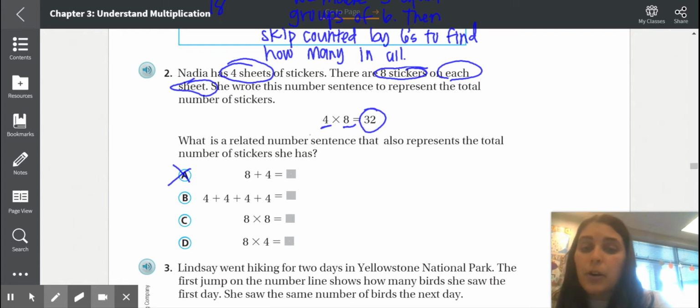We'd have to add 4 8 times, and we're not. It's only adding to itself 4 times. So that wouldn't work. 8 times 8, that wouldn't work. 8 times 4. That would work because 4 and 8 and then 8 and 4, the factors just switch places. We know that because of the commutative property, 8 times 4 would give us the same answer as 4 times 8.